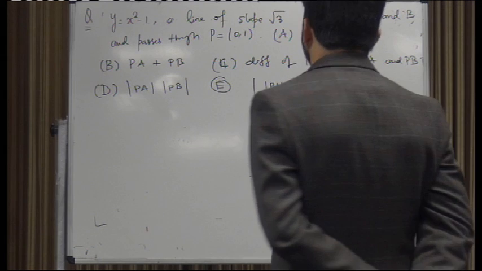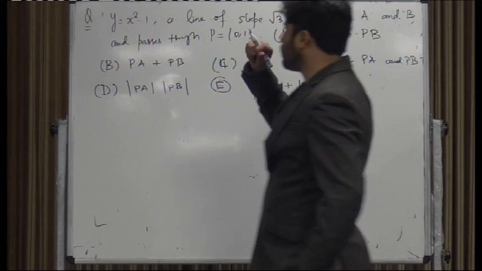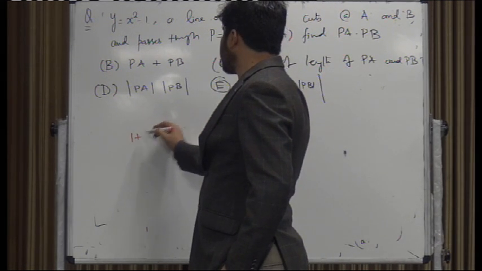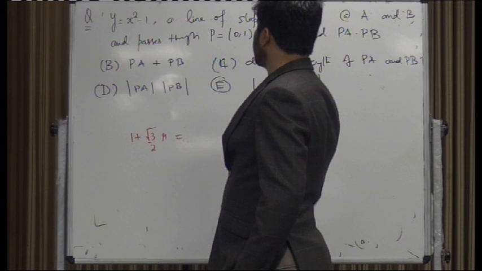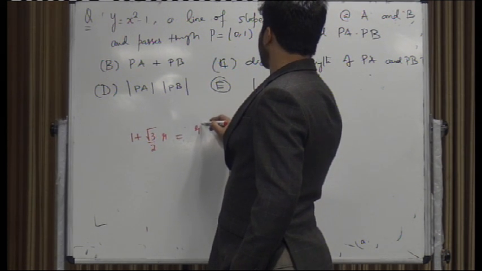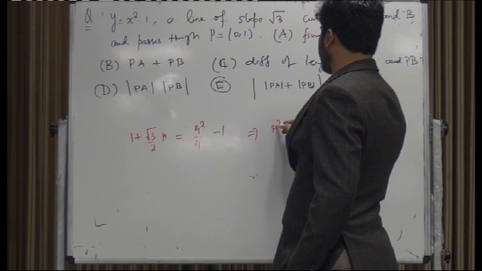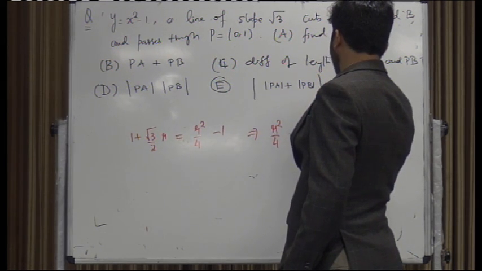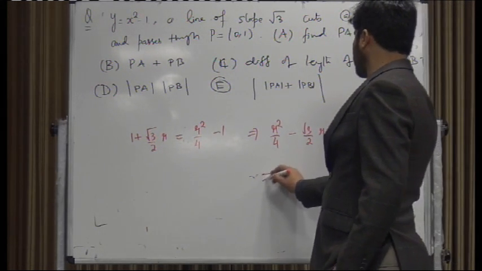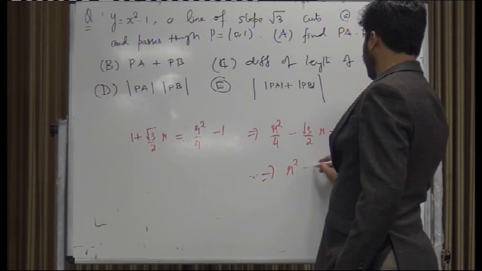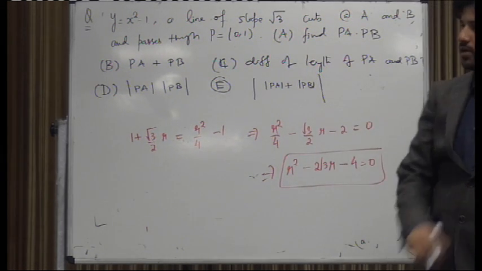So what is the quadratic equation you got? 1 plus ... is equal to r square by 4, which makes it r square by 4 minus root 3 by 2r minus 2 is equal to 0, which makes it r square minus 2 root 3r minus 4 is equal to 0. So this is your quadratic equation, right?